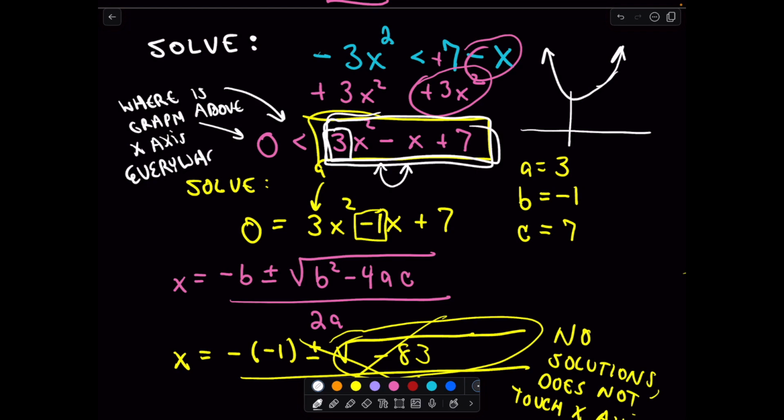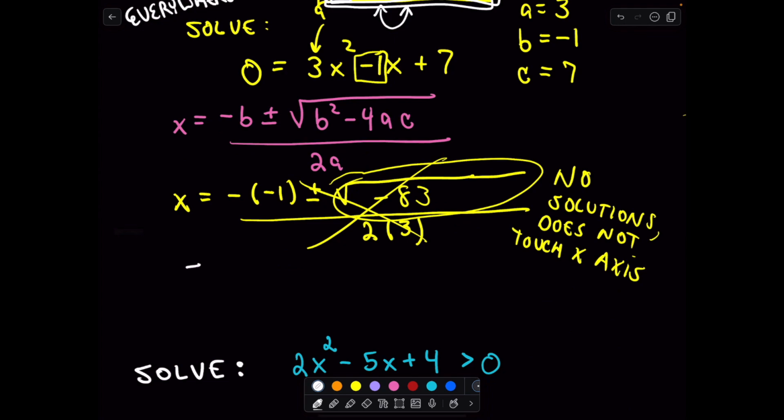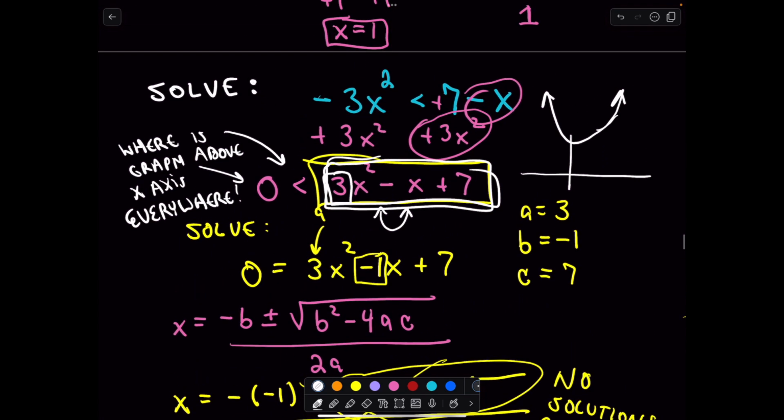All right? So in this case, to me it looks like our solution set would be just all real numbers. And you could write that in interval notation as from negative infinity to positive infinity. Okay, so interesting. All numbers work.